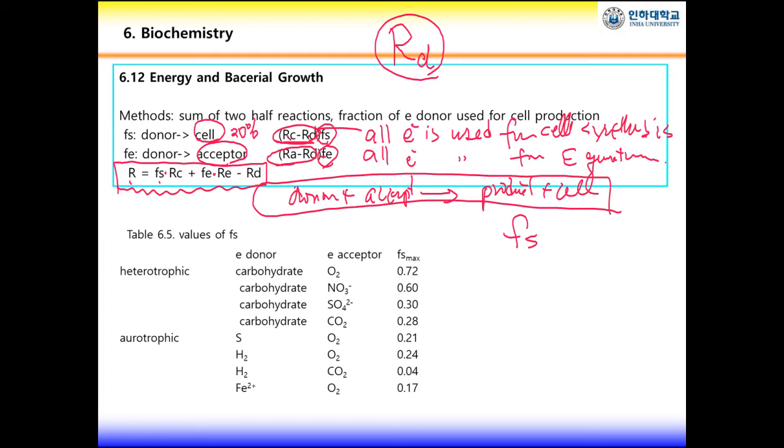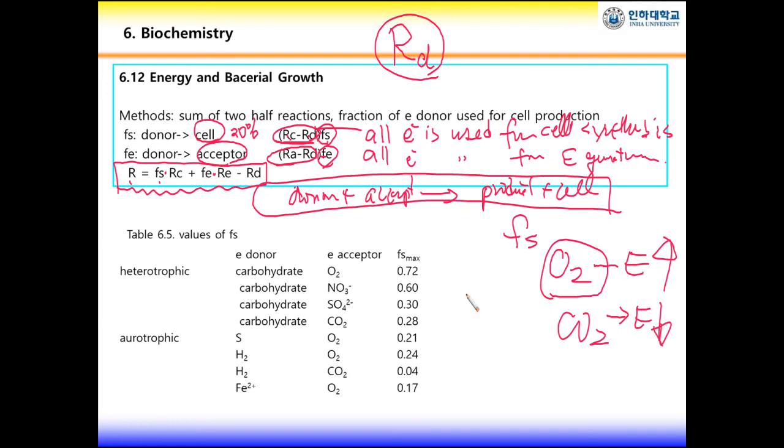If you have aerobic conditions, with oxygen as the electron acceptor, then the energy production is much higher compared to the case when CO2 is used as the electron acceptor.